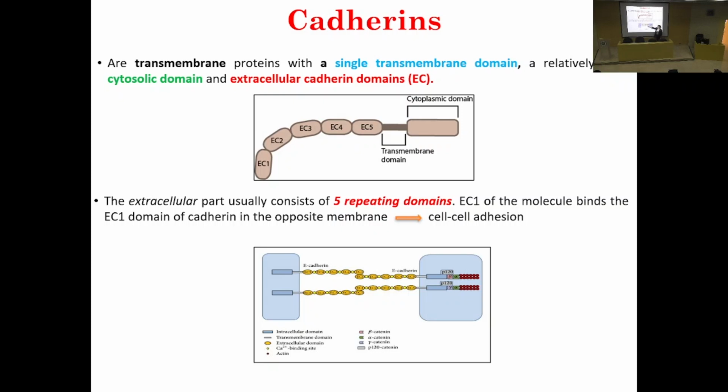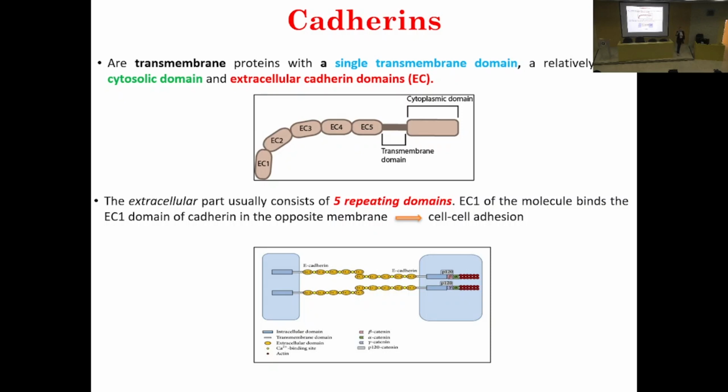If I take my cadherin, to communicate with the microfilament I need what we call a linker protein, an intermediate between them. This linker protein is called catenin. We have alpha, beta, and P120.